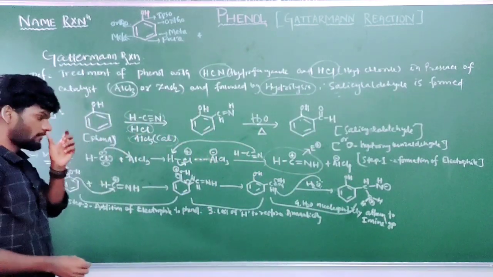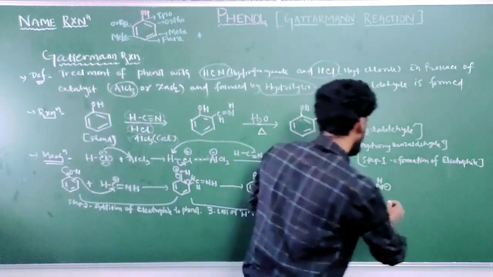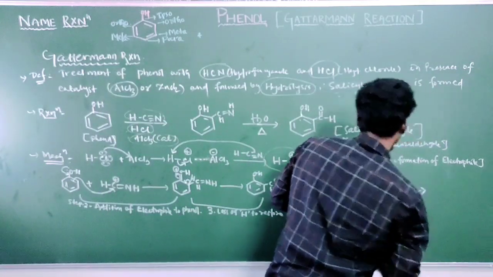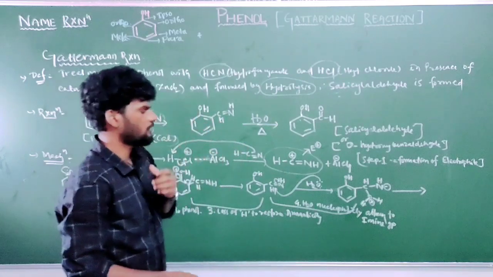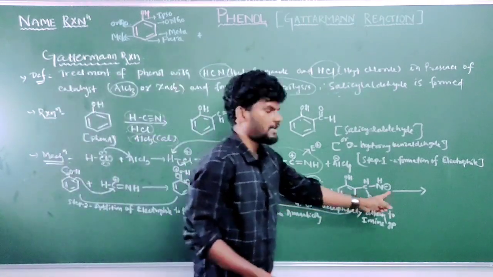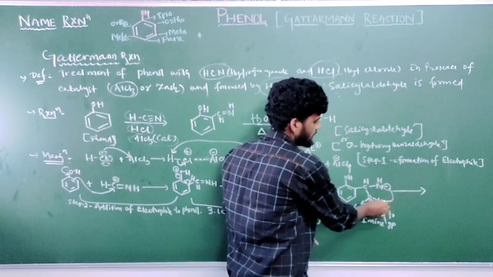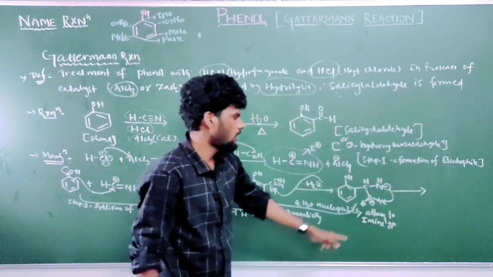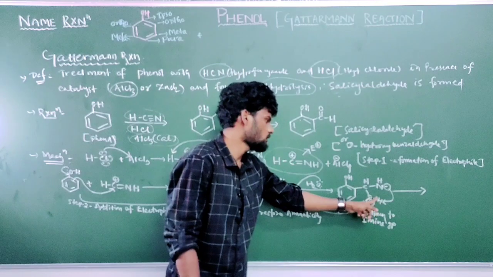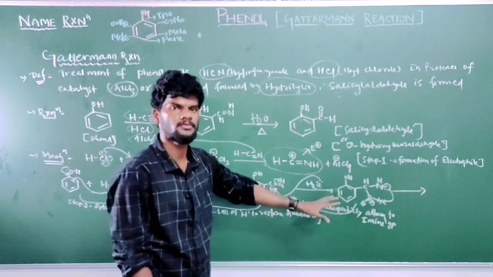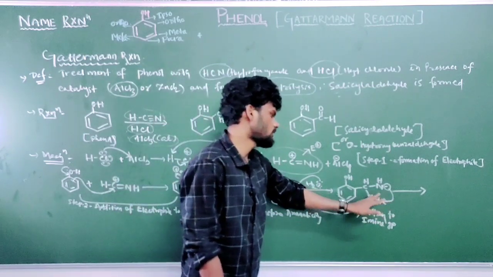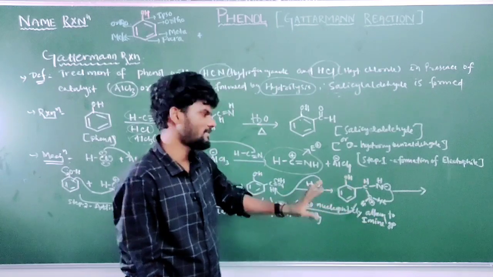In step 5, here you can see the negative charge over the nitrogen atom. The negative charge takes the hydrogen, and one of the OH bonds moves over to oxygen. As oxygen with a positive charge is not stable, if the bond moves over to oxygen it makes it neutral and stabilized.